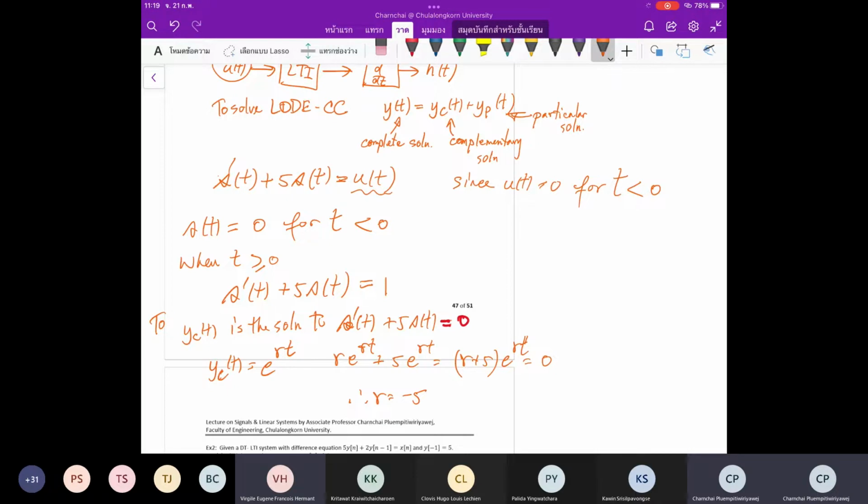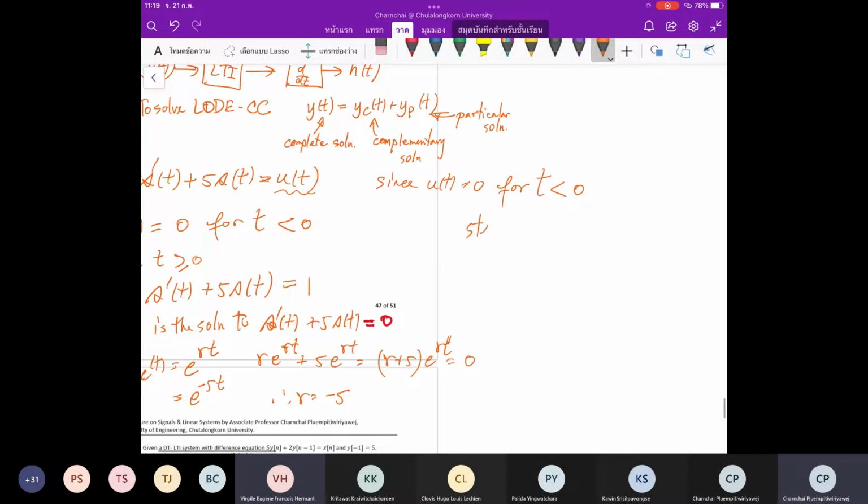So in this case, our complementary solution is e to the negative 5t. Okay, that's step 1. Step 2, we solve for yp(t), a particular solution.